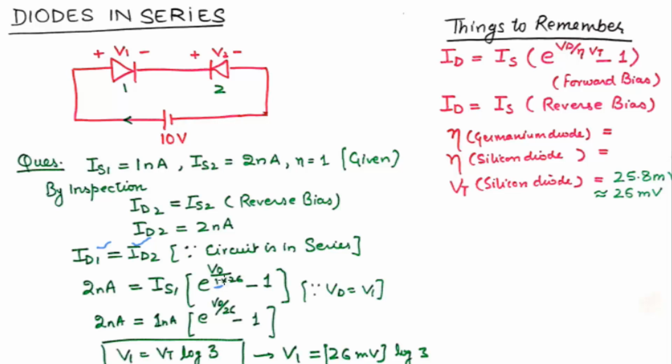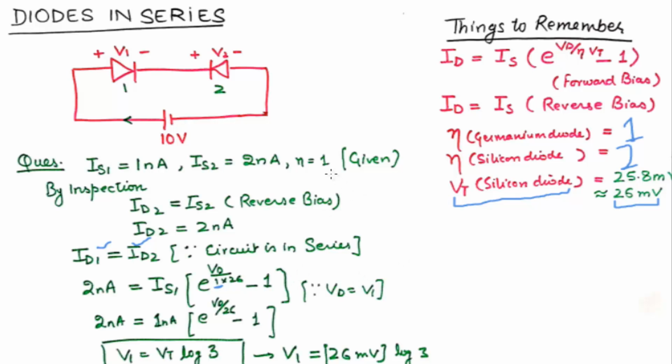Eta is given to be 1 here specifically, so this must be a case of germanium diode. And please understand, the thermal voltage for a silicon diode is 26 millivolt. If it's a silicon diode, eta may explicitly be given as 1 for a specific case, but otherwise if it is not given, you take it as 2, and you take it as 1 for germanium.